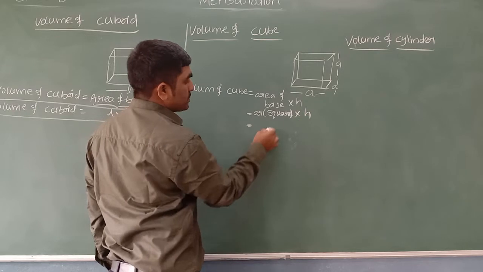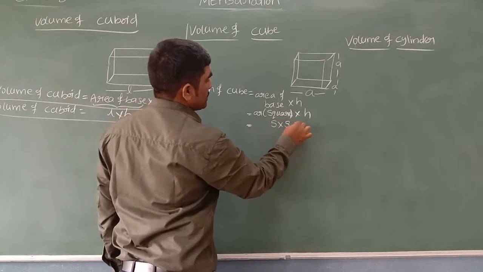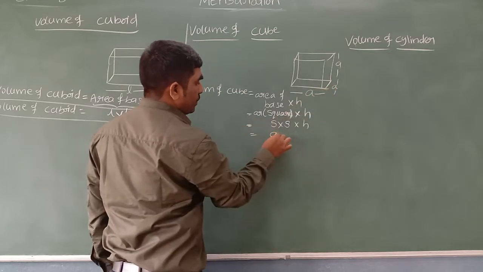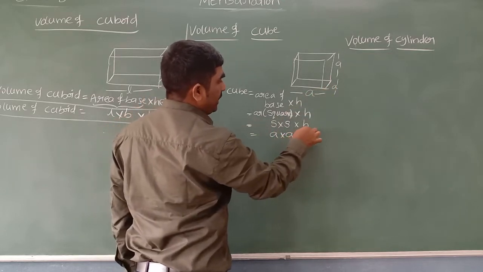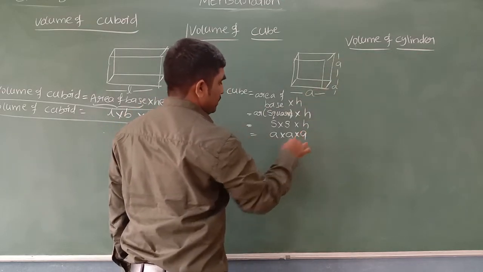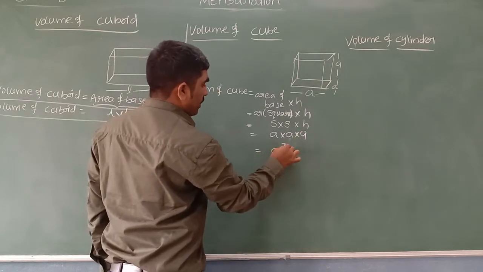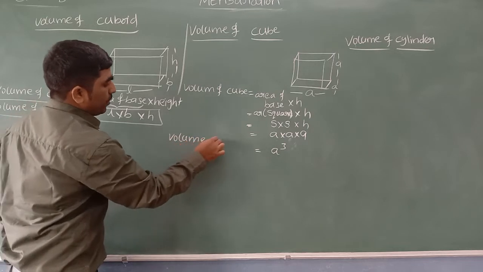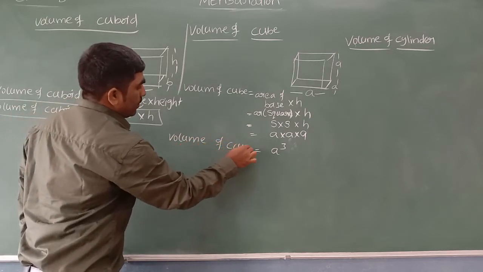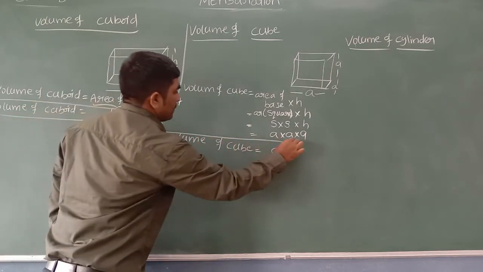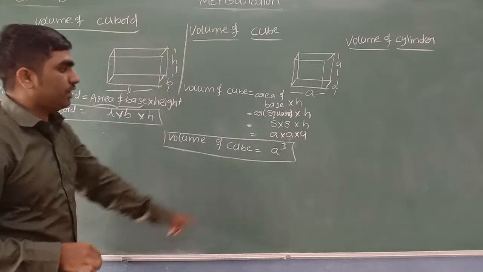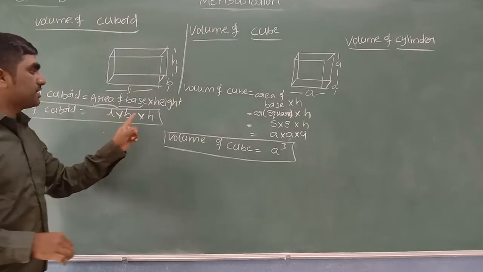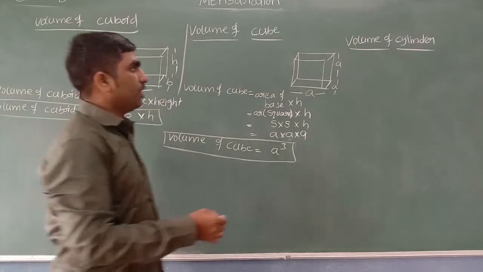What is the area of a square? Side into side into height. What is the side here? a. So a into a into the height a. Yes, this is the formula to find the volume of a cube: a cube, where a is the length of one side of a cube. Here l, b, h are the length, breadth and height of a cuboid.